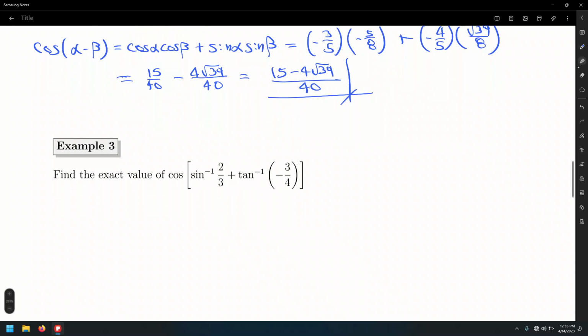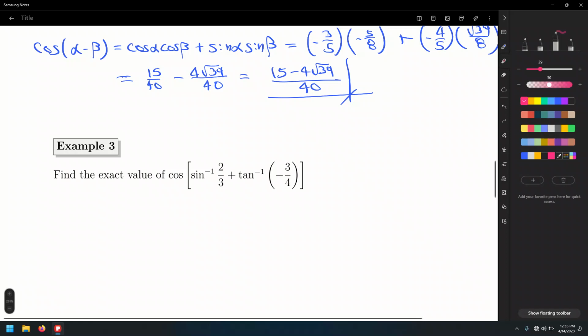This time I'm going to highlight the first term, and I'm going to highlight the second term using a different color. I'm going to call this alpha, and I'm going to call this beta.